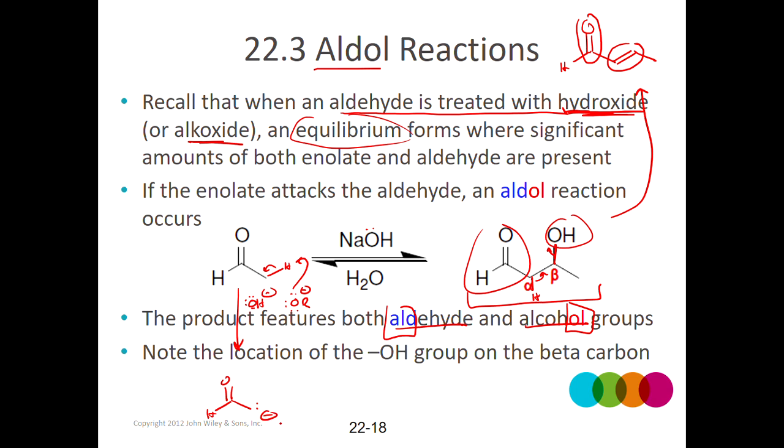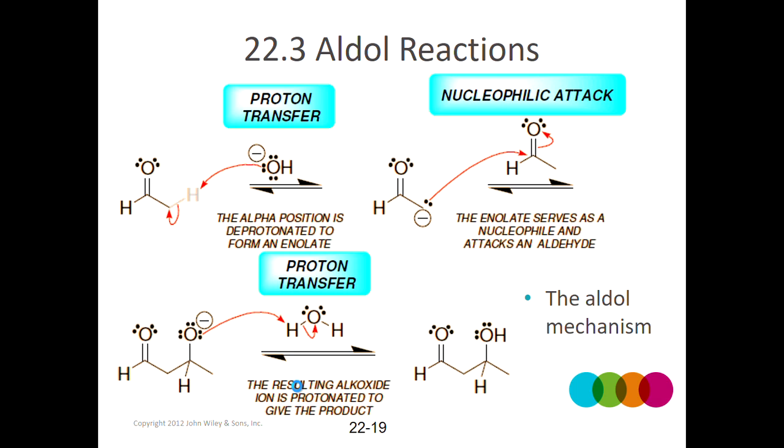And the idea is we're taking advantage of that, because if we produce an equilibrium where somewhere between 5 and 50% of the molecules are in this form, and the remainder is in this form, we have a mixture of both. We have the possibility where one could then attack the other. And that's the idea here in the Aldol reaction.